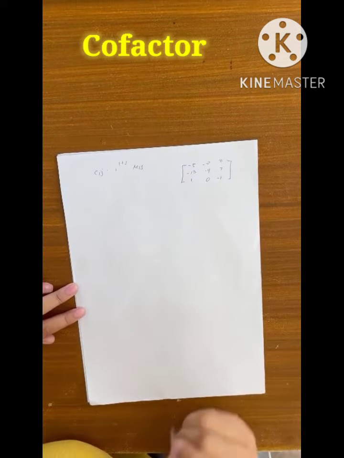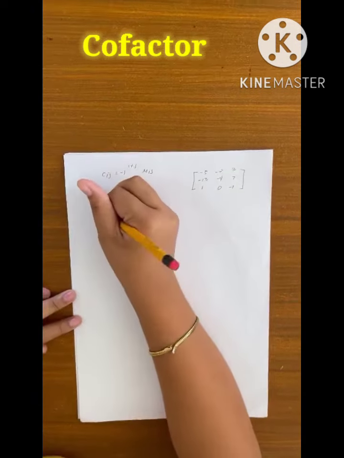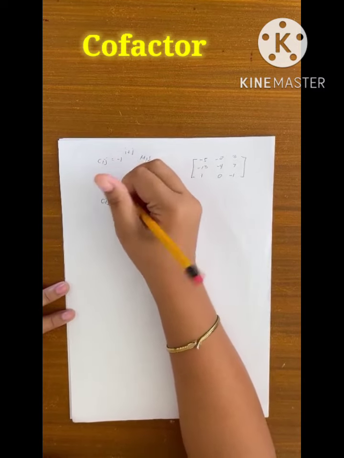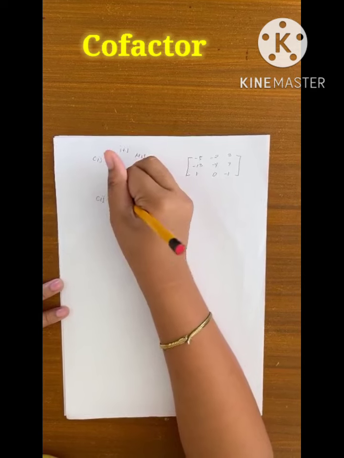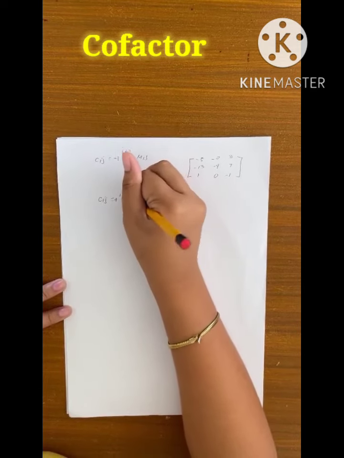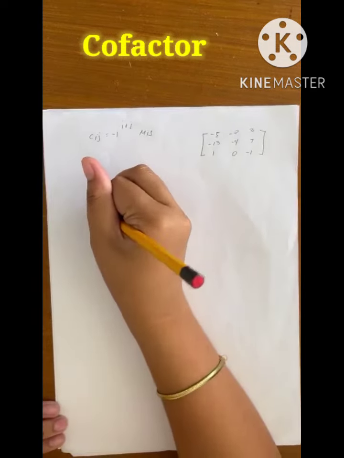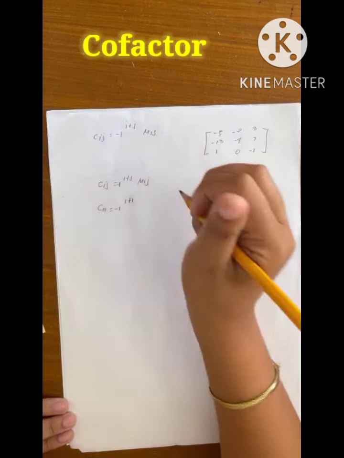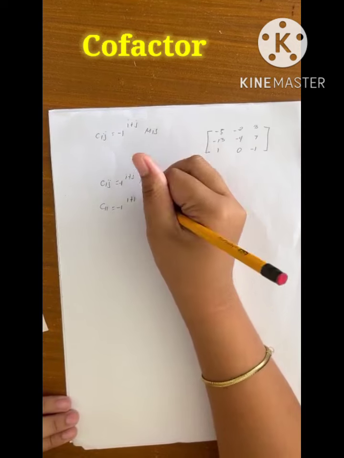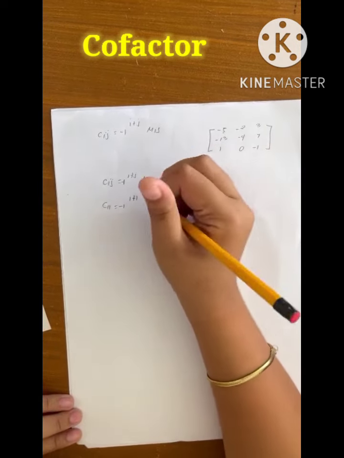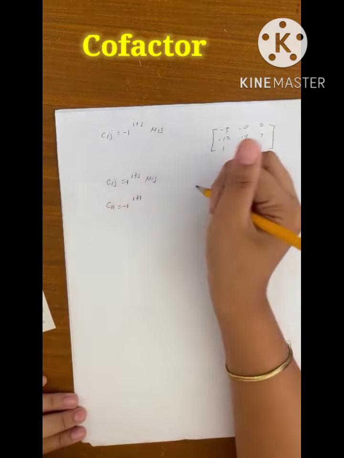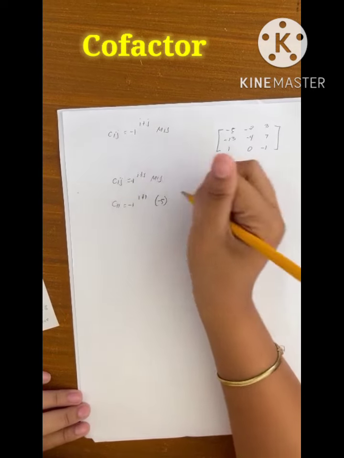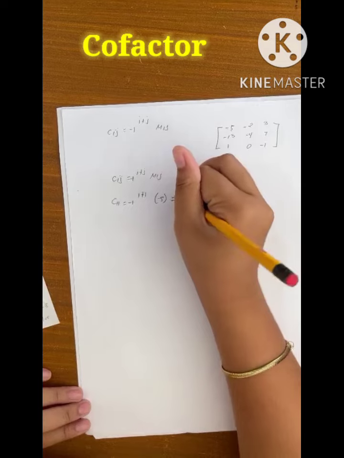Next, we apply the formula. Cij equals negative 1 raised to i plus j multiplied by Mij. C11 equals negative 1 raised to 1 plus 1, the value of M11 is negative 5, so multiplied by negative 5 equals negative 5.